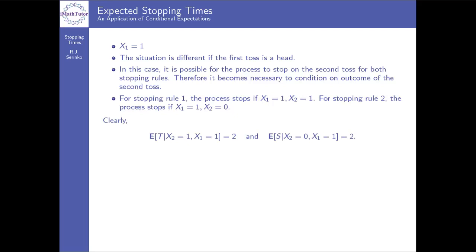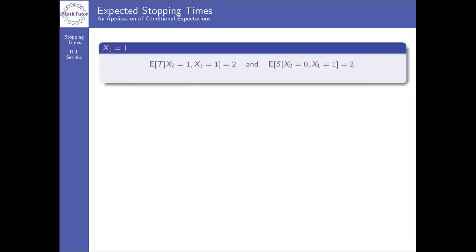Clearly, the expected value of t given x1 equals 1 and x2 equals 1 is 2, while the expected value of S given x2 equals 0 and x1 equals 1 is 2, since the process stops after the second toss. So here we have a summary of what we've just found.